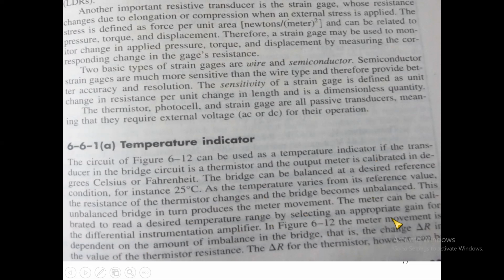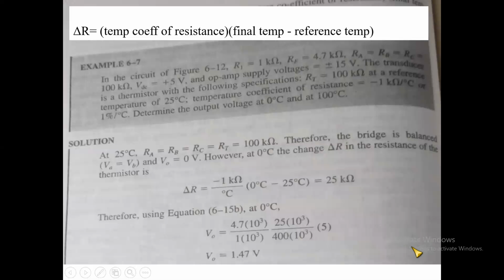In the figure, the meter movement depends on the amount of imbalance in the circuit. The change del R in the value of the thermistor resistance will change the meter movement. The del R for the thermistor can generally be written like this: del R is equal to the temperature coefficient of resistance multiplied by the final temperature minus the reference temperature.